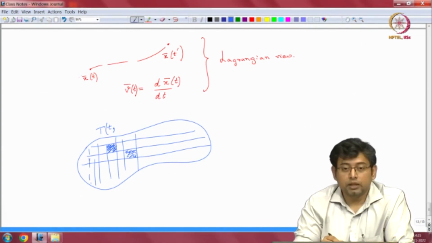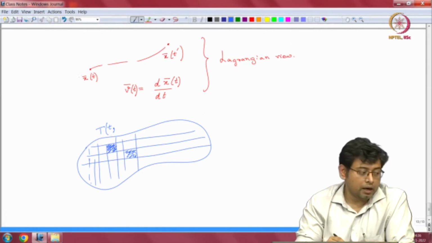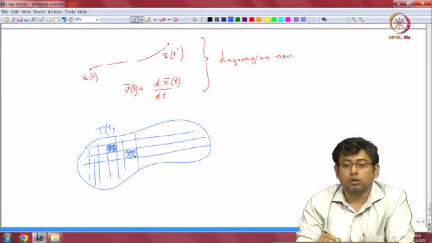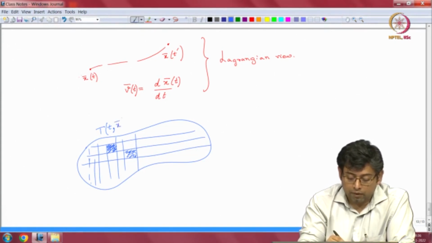So, this is obviously an exaggerated view. You are now going to use a grid with infinitesimal points essentially. So, basically you are going to be looking at this variable, temperature, at each and every point in the system. So, my variable now also becomes a function of another variable.